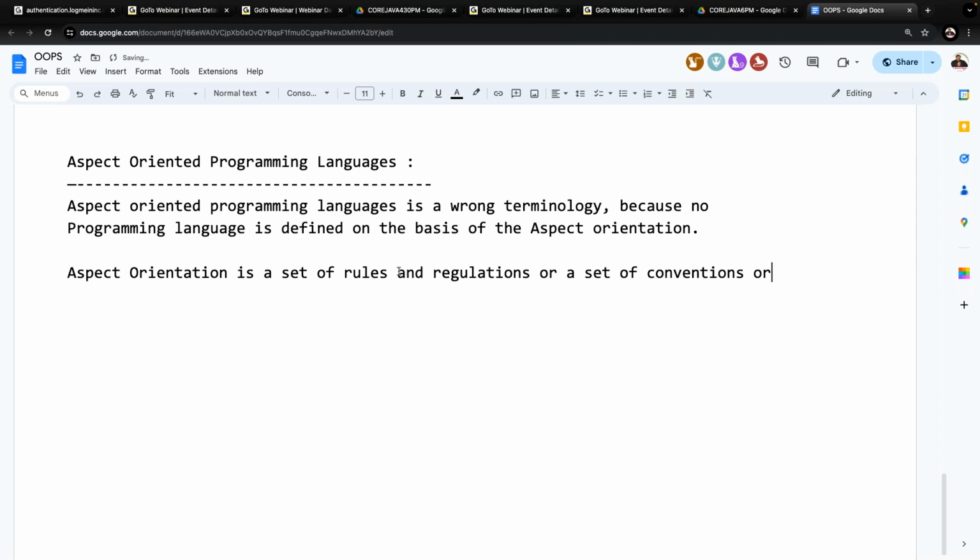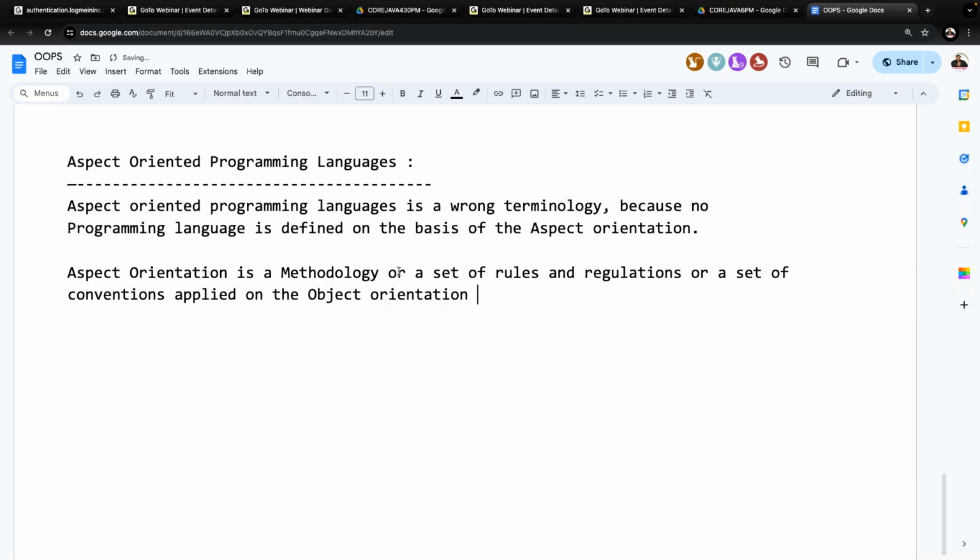Aspect orientation is a methodology, or a set of rules and regulations, or a set of conventions applied on object orientation in order to improve shareability and reusability. That's it.